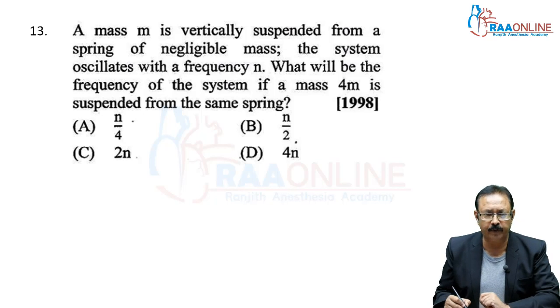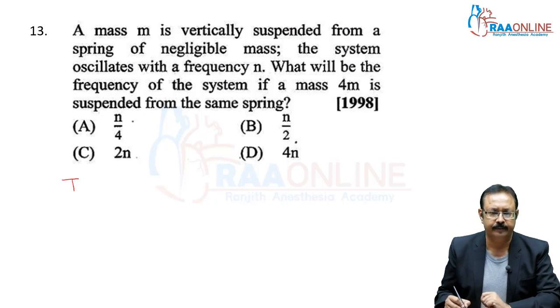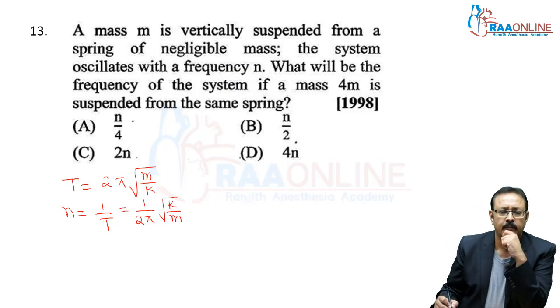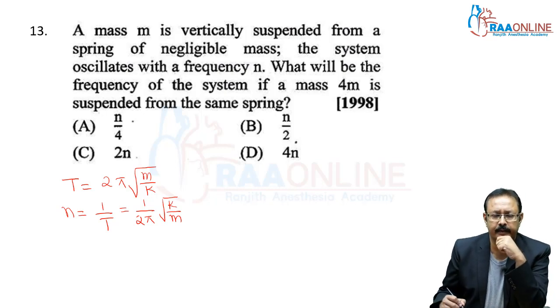We know the formula for time period: 2 pi root over m upon k. First, we have to make the formula for frequency, which is the reciprocal of the time period. So, it should be 1 upon 2 pi root over k by m.